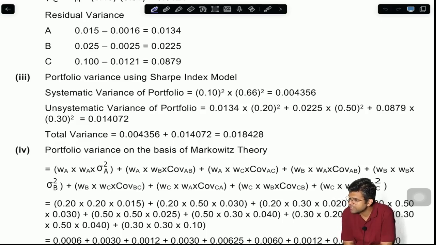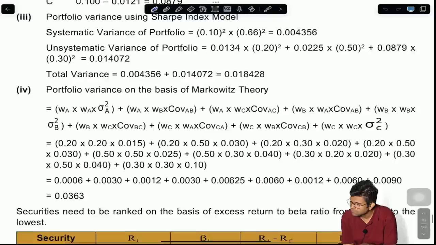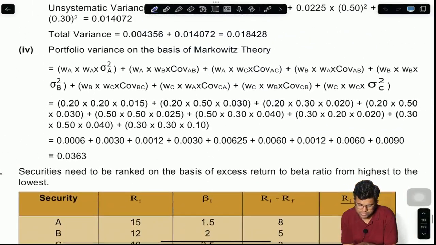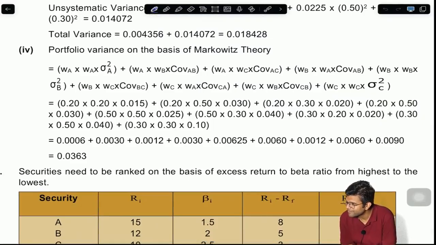Did you get your mistakes? Last answer also done. ICAI has got 0.0363. Oh wow, you got it. Very nice. No, didn't get. Root not to do, huh? Don't root it.